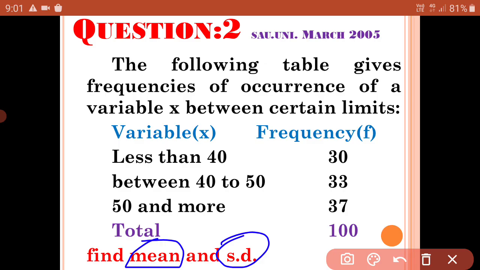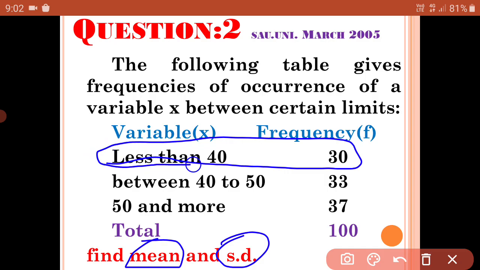When we find mean and standard deviation, we check the table in reverse. Remember students, keep in mind we are seeing the table in the reverse format. Here three pieces of information are given, but we are using only the first and last. The second information is not required for calculations.